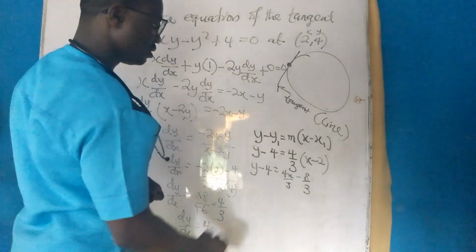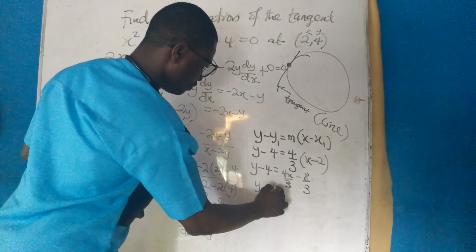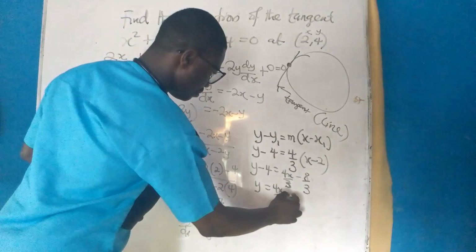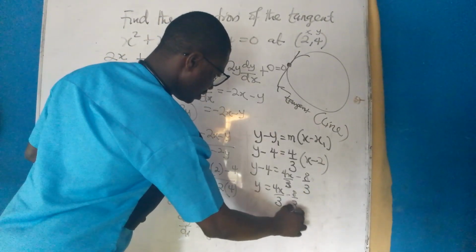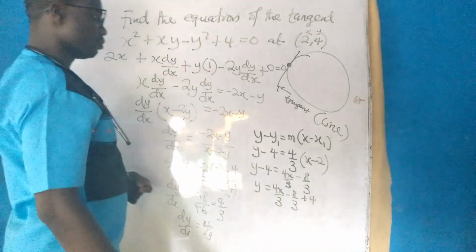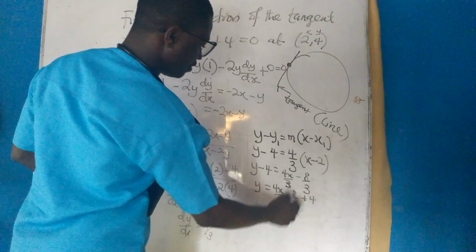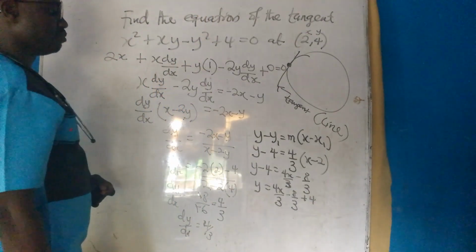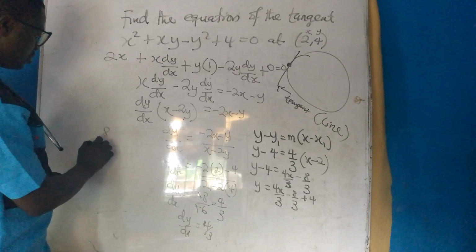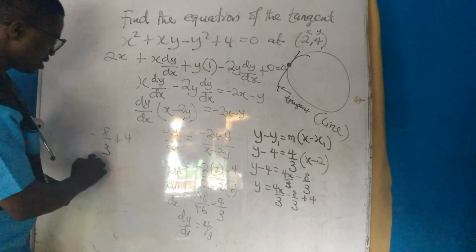So simplifying, y is equal to 4x over 3 minus 8 over 3 plus 4. If you want to simplify, adding minus 8 over 3 plus 4, we have 4 over 1.